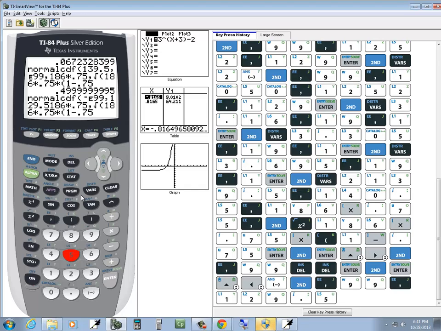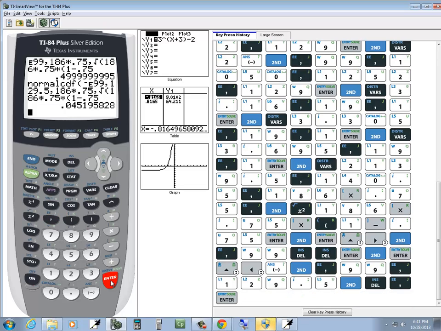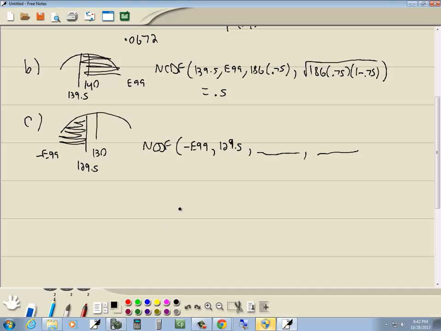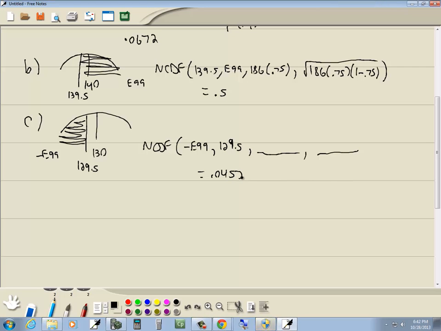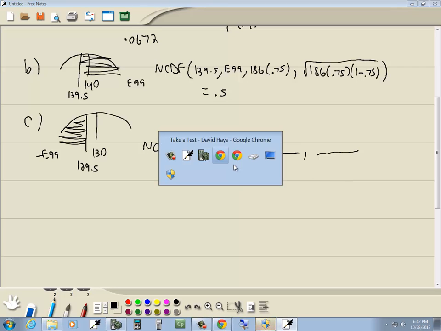And then I'm going to do a second delete to throw it in insert mode, put a comma, and then we got 186, .75. Okay, everything else looks okay. Press enter. So our answer is 0.0452.